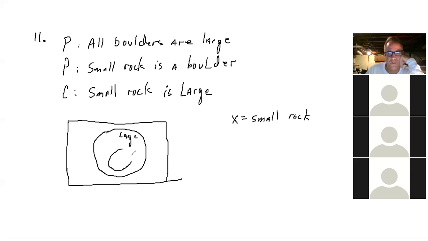Large. So inside there, we'll have another circle and we'll put boulders. All right. Now, where can we place our X? Well, where is our small rock? Small rock is a what? That's our premise. Small rock is a boulder. So it's got to be in here. So remember, if that X ends up inside that inner circle, then this argument is what? Valid. That is, our conclusion necessarily follows from our premises. So it is a valid argument.